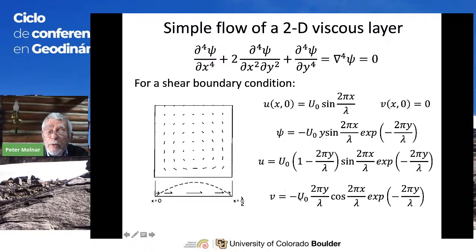The v component, now notice when y is equal to 0, oh, maybe I'm right. Y is equal to 0, it's equal to 0. And it would have this cosine varying and an exponential decay. And as y gets larger, this term will get larger, but it will decay exponentially. And notice it's got a minus sign. That's because if you're moving horizontally in this direction, the movement will be toward the bottom boundary on this axis where x equals 0.